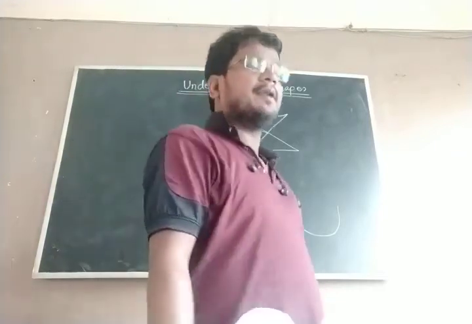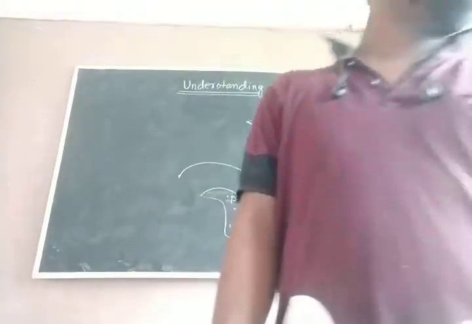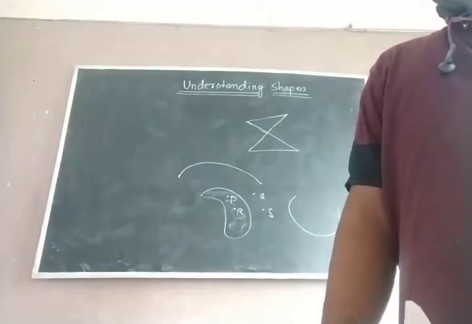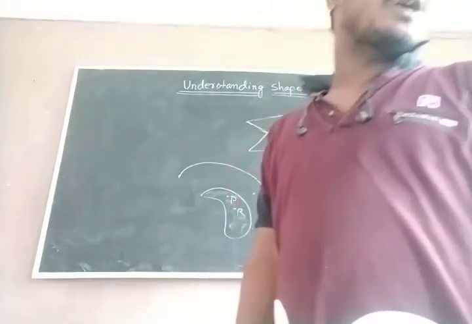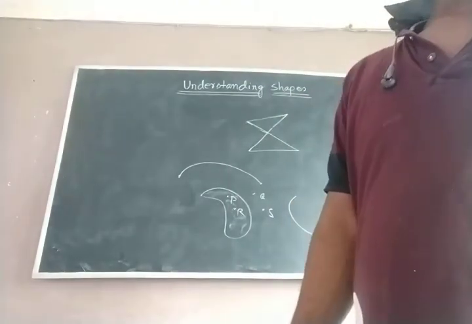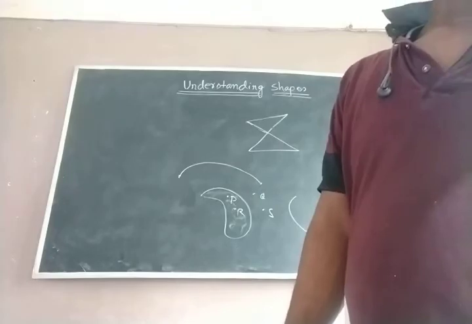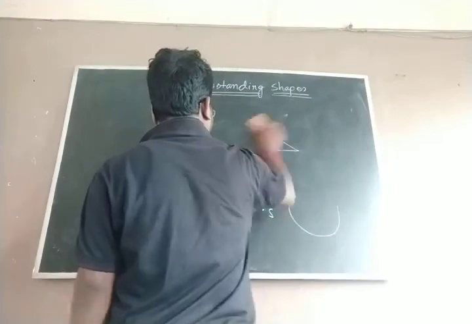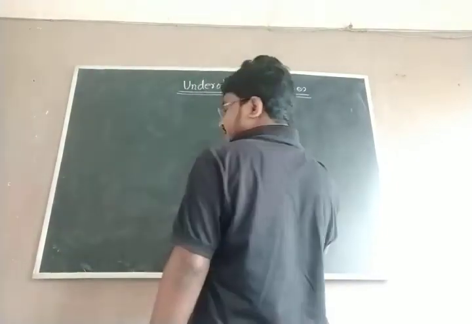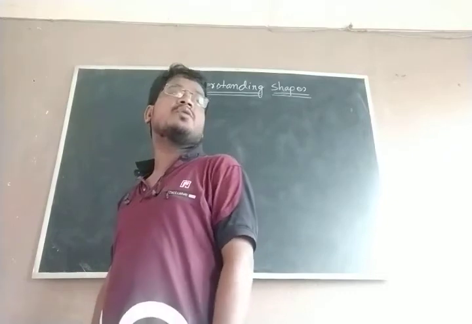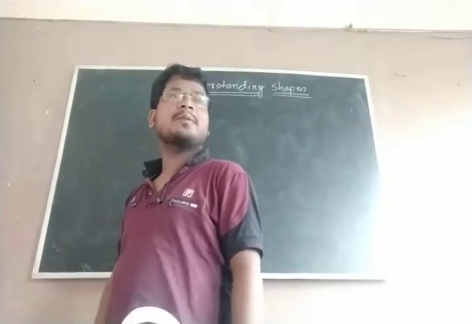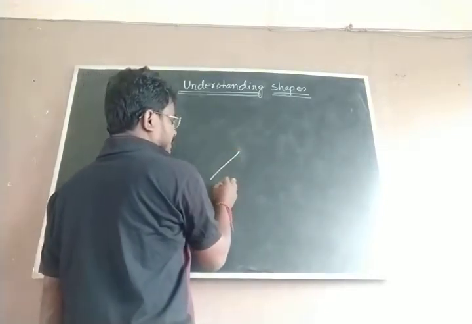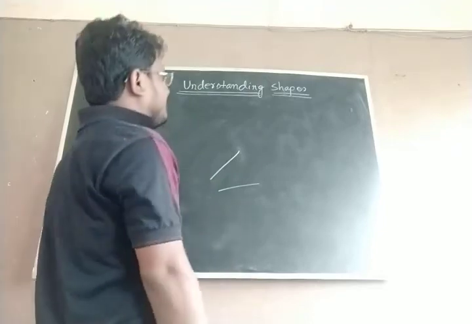Okay. Next is polygons. A polygon means a simple closed curve made entirely of line segments. Minimum there will be more than 2 lines, then it will form a polygon. Suppose you draw only 2 lines, it is not a polygon.